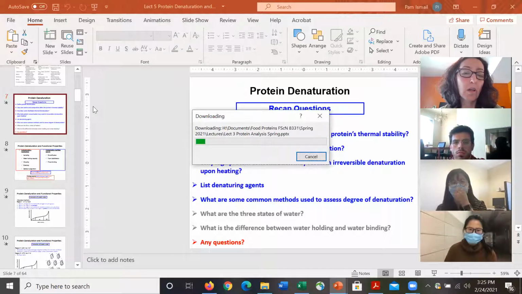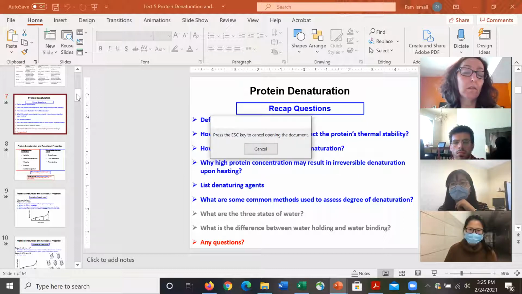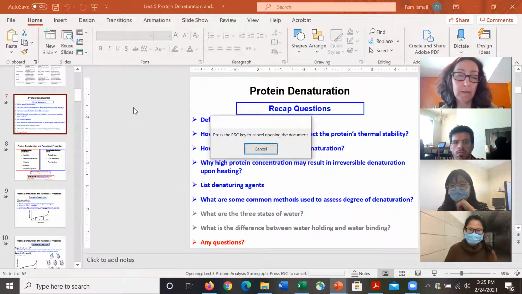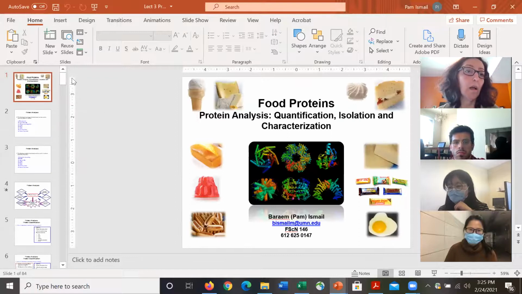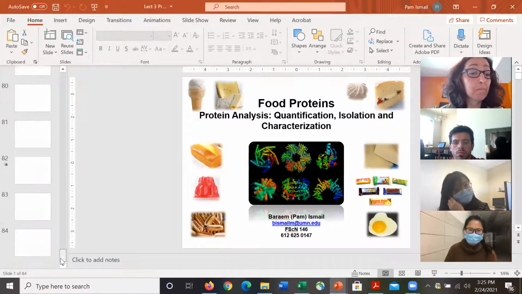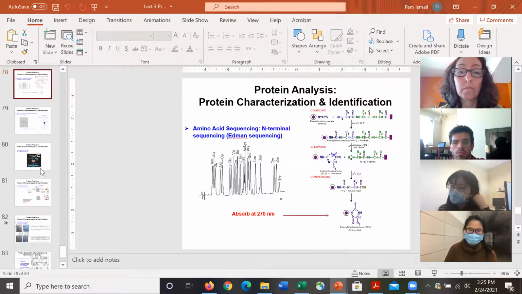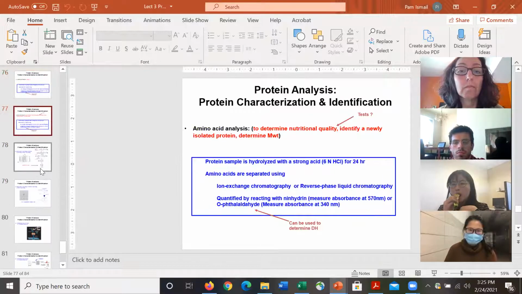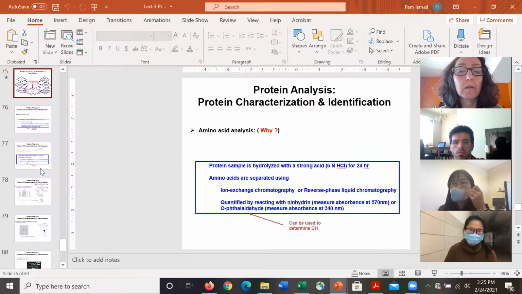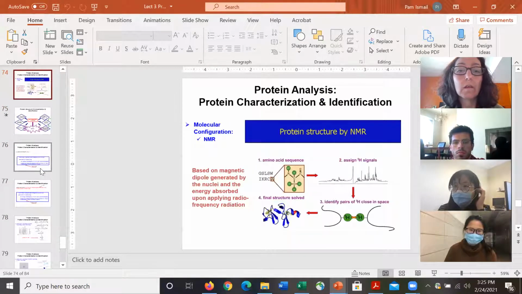Just the word sequence is there, so I wanted to make sure I understand why it's there. Oh, it could be just the title. Let me just see before I say anything. Yeah, that little picture in the middle.